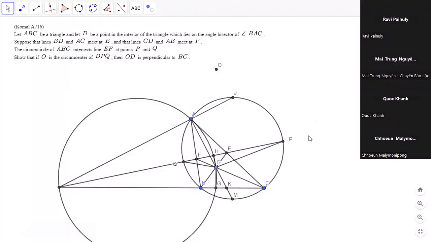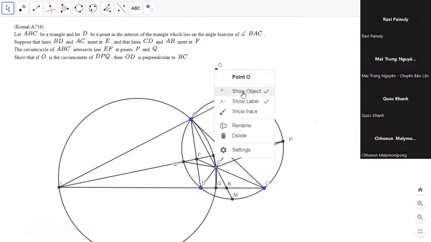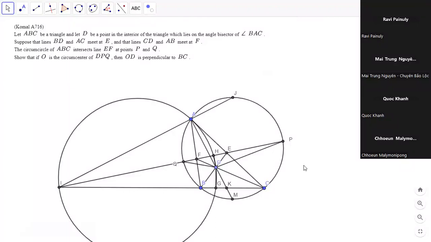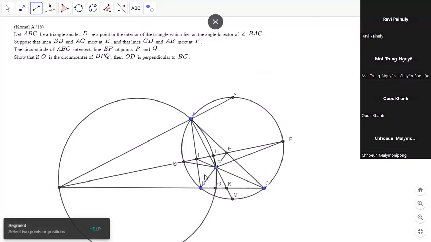All right. Okay, I found a lot of new stuff on the diagram. Intersect PD and QD with the line BC.